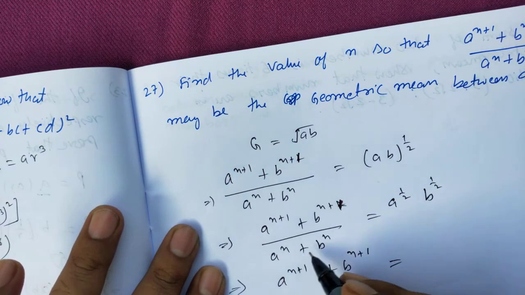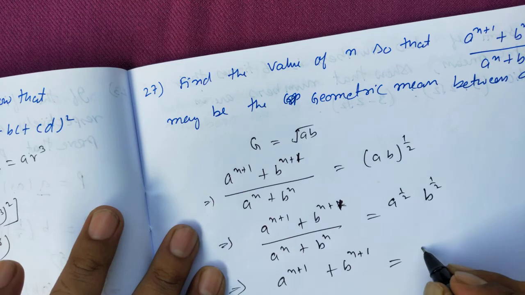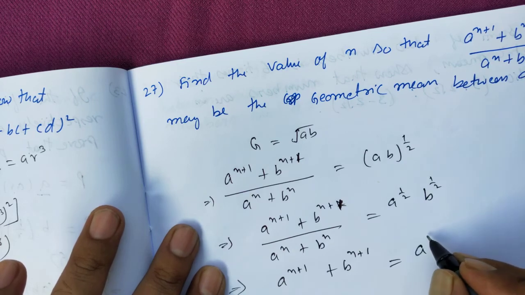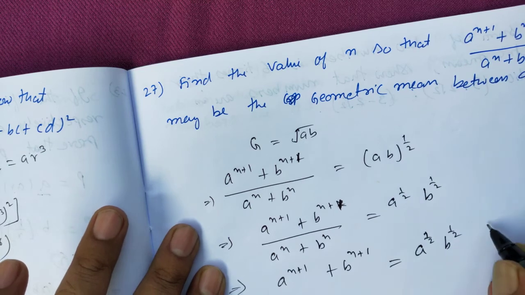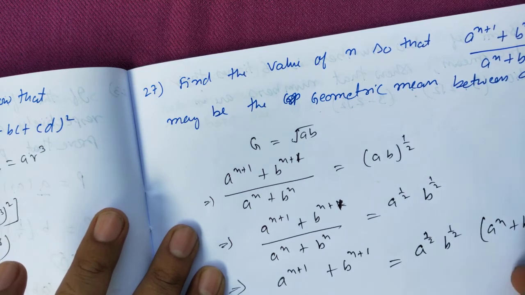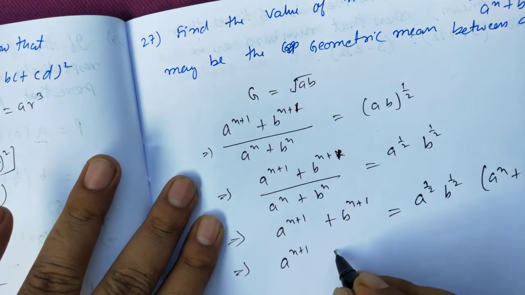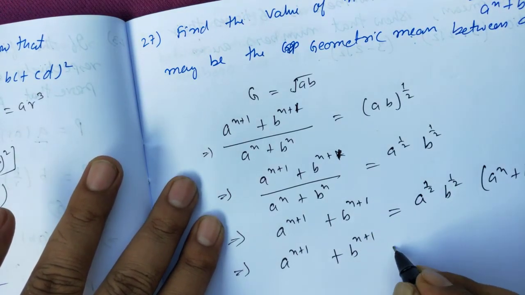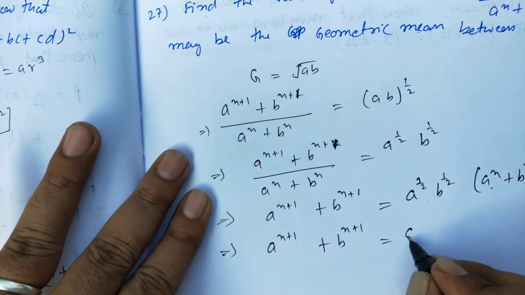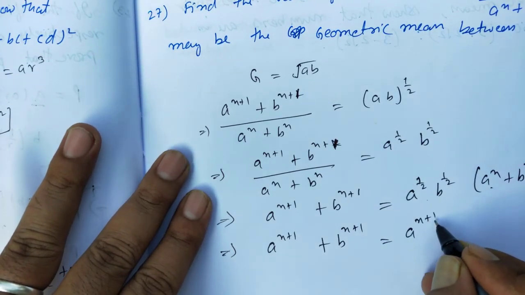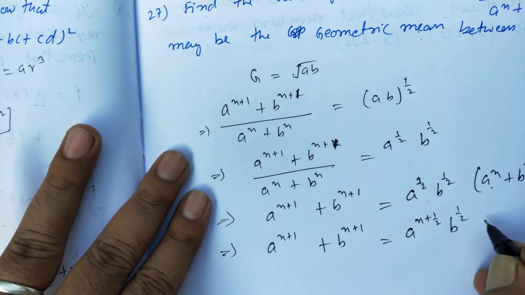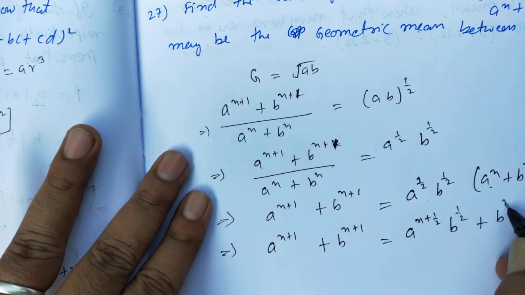Equal to, if you multiply this, A power half, B power half. I'm writing as it is. If you multiply, it will become A power n plus half, B power half, B power n plus half, A power half.